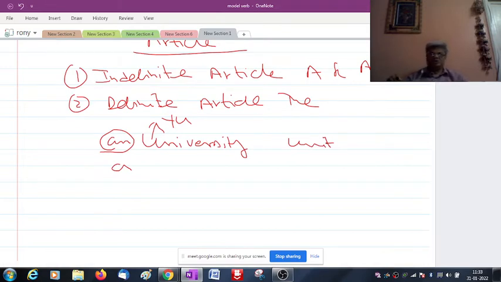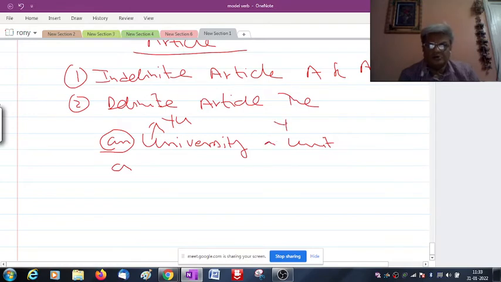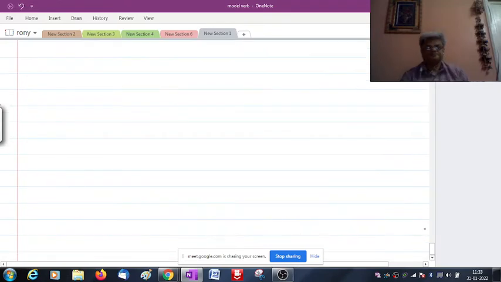Here also we'll use a unit, because we spell it as U. Okay. Then hour. What article should we use? An hour. But we are deviating from the rule because H is a consonant.